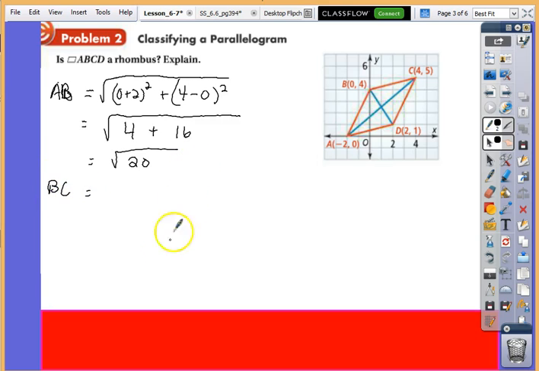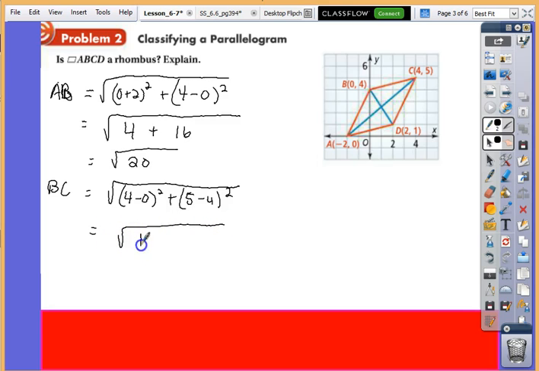Okay, so BC is the square root of 4 minus 0 squared plus 5 minus 4. So that's going to equal the square root of 16 plus 1, which is the square root of 17.